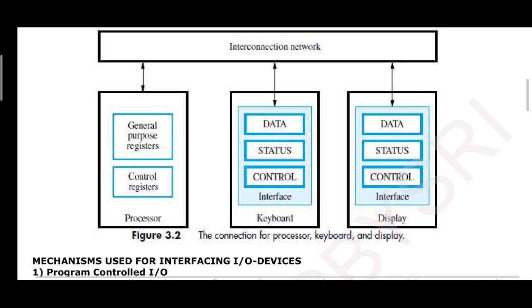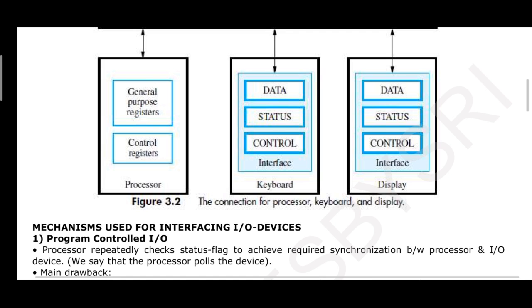You can see the same here, simply marked as data. Apart from them, we earlier considered S in with respect to the keyboard and S out with respect to the display. Now they are marked as status and control. So special registers are marked instead of a single bit. Status and control registers are marked inside the blocks of the keyboard and display.